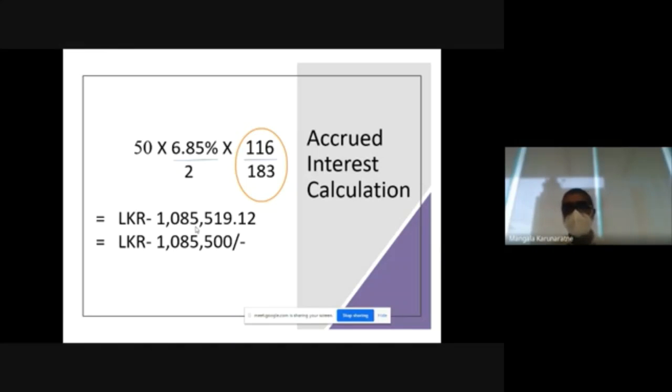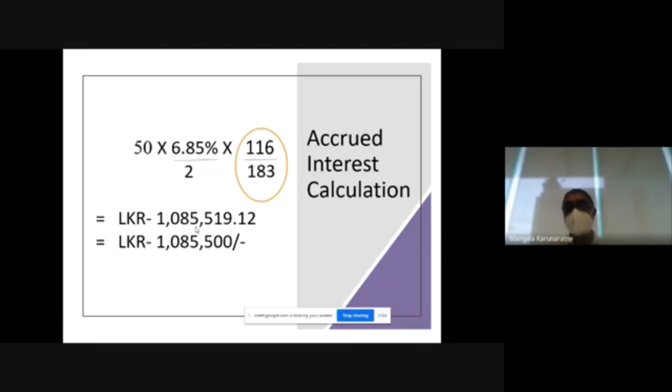You will be getting 1,085,500 as the accrued interest. Why is there a difference? Now if I am just explaining the theory, the 1,085,519.12 figure is correct. But when we try to match this with the actual market or practical scenario, then we can't take it, right?